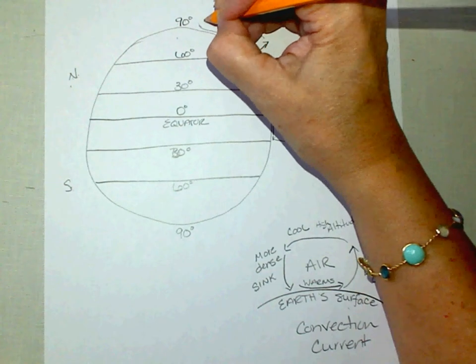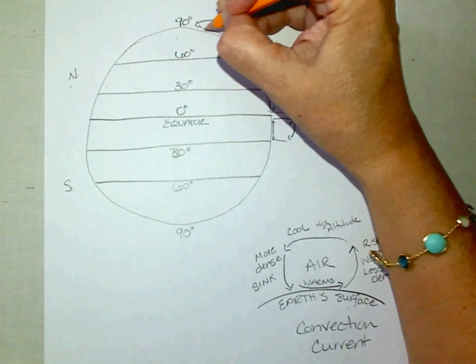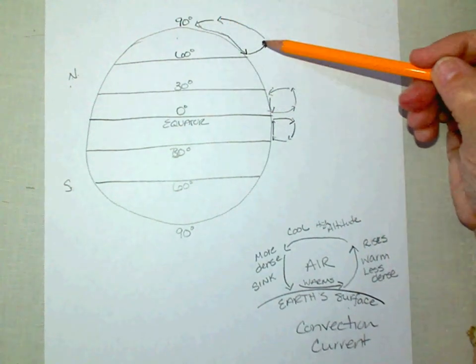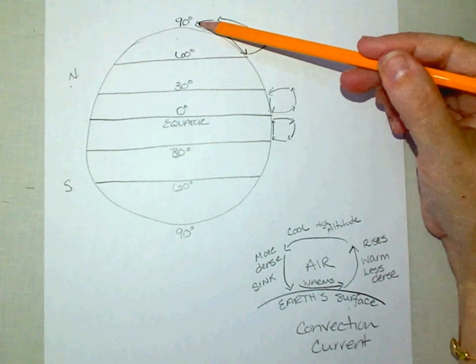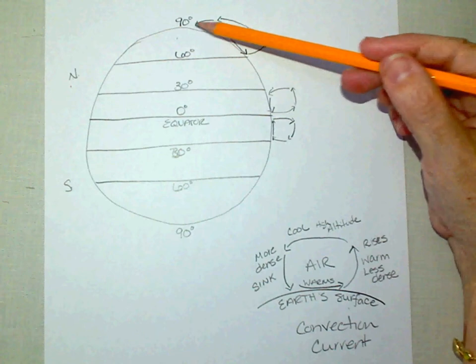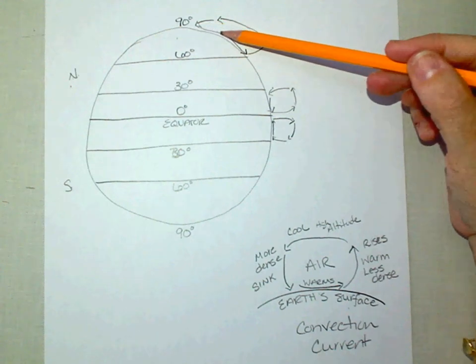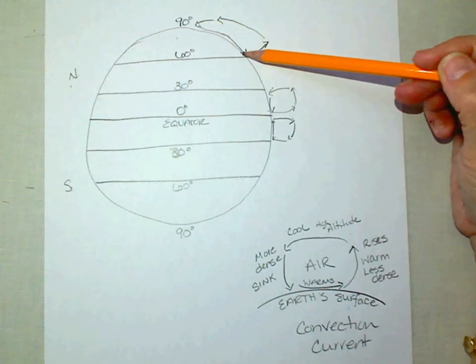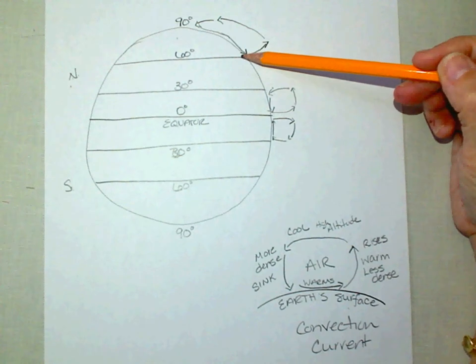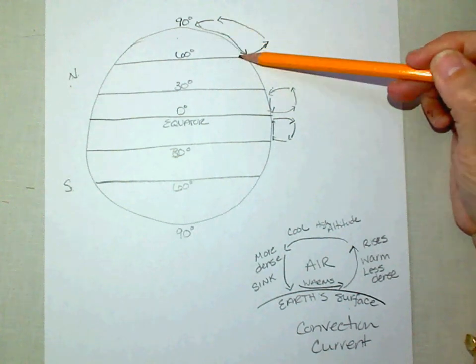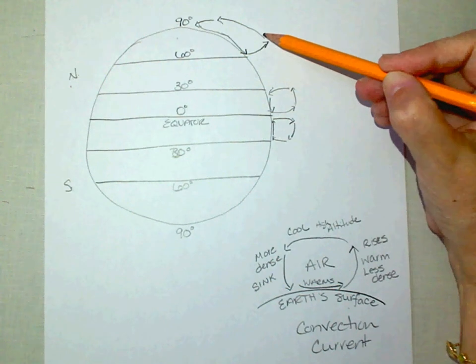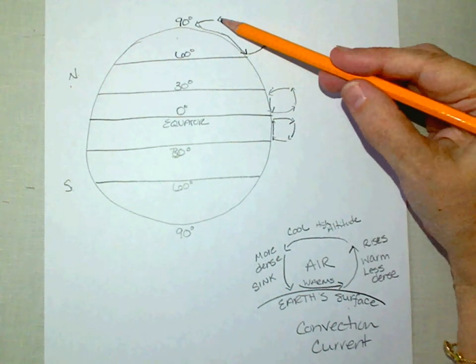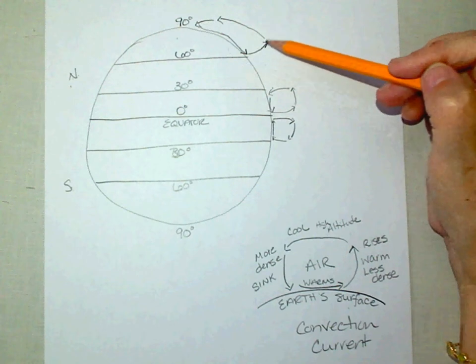So you get a cell up here at the poles. It's going to be cool air moving across, and cold air moving across the surface, warming up, not hot, warming, more warm here than it is there. That will start to rise, and it'll cool with the altitude and come back down at the poles, and it'll begin to keep going in this direction as a convection cell.